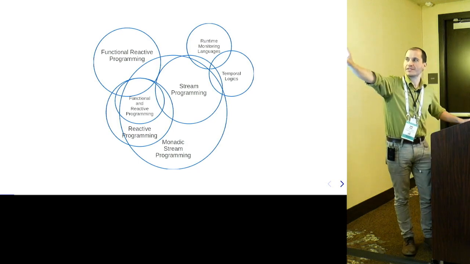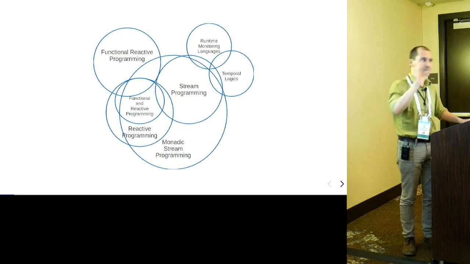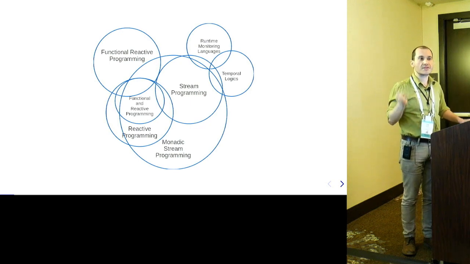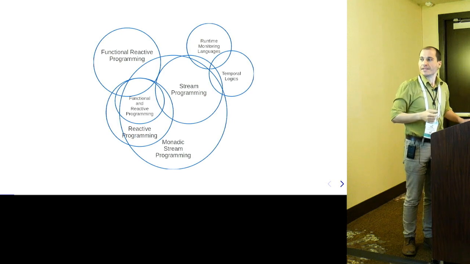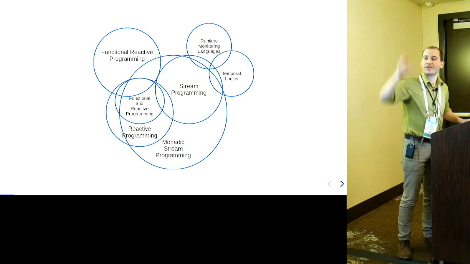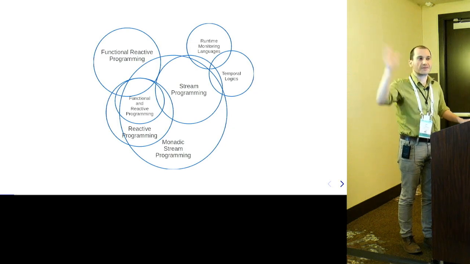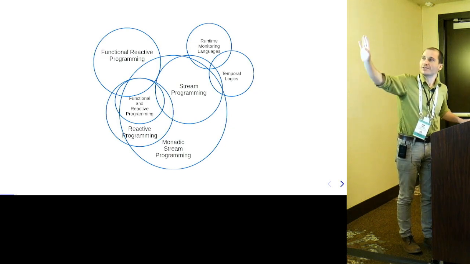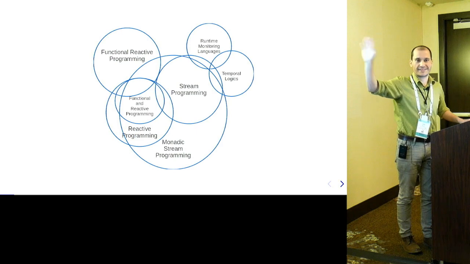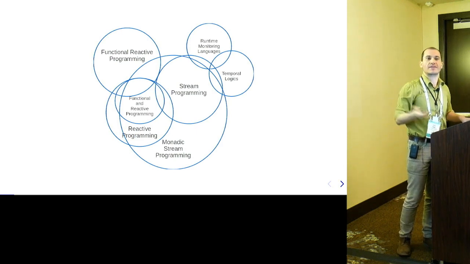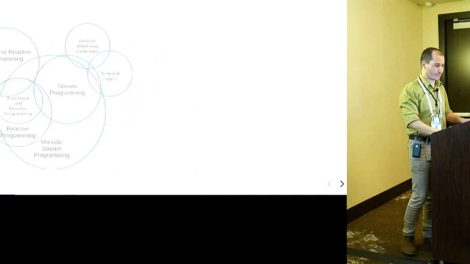And we have stream programming languages, and people create functional reactive libraries on top of stream programming languages, and no one really understands what they are. And then there's monadic stream programming, and you can implement all of those ideas on top. And then there's temporal logics and runtime monitoring. They're all connected. Don't take those boundaries too literally, I just did it quickly. But the point is that these things overlap, but the boundaries are not clear.